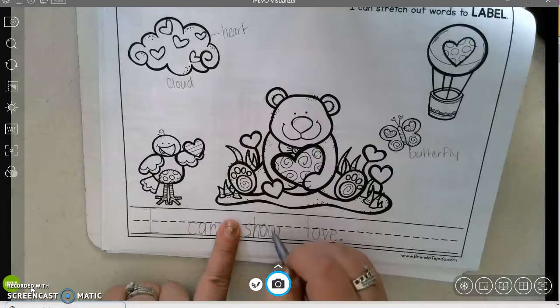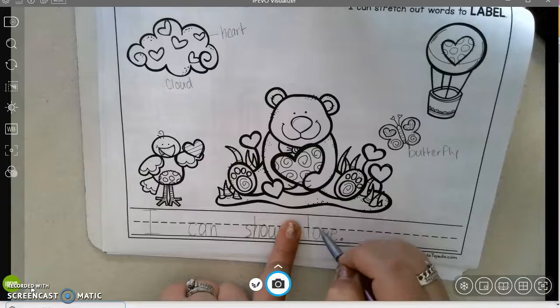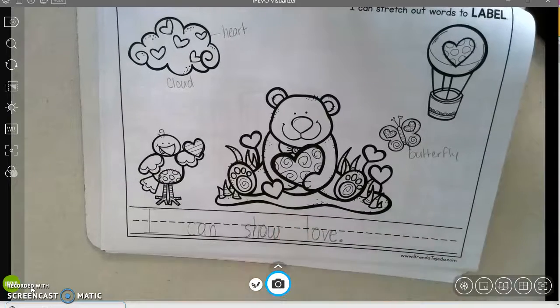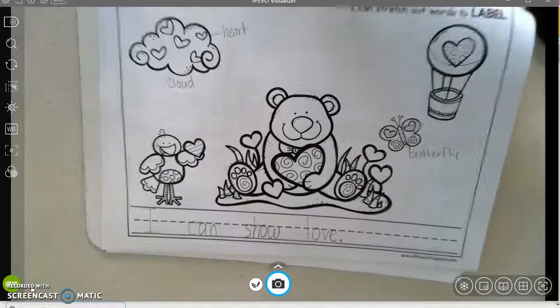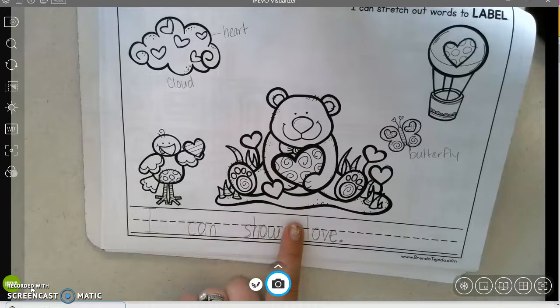When I met with you guys, you all had great stories that you wrote about the things that you like to do, but we forgot to put our spaces in between our words. And when we forget our spaces in between our words, it gets real hard to read. I don't know where one word stops and another word starts. So we have to make sure to put our finger spaces between each word.